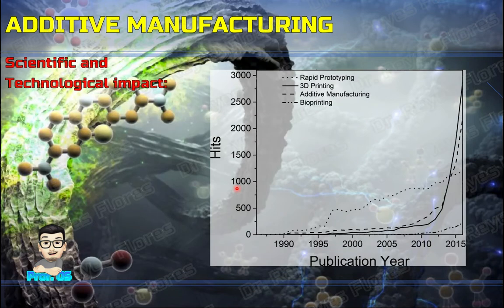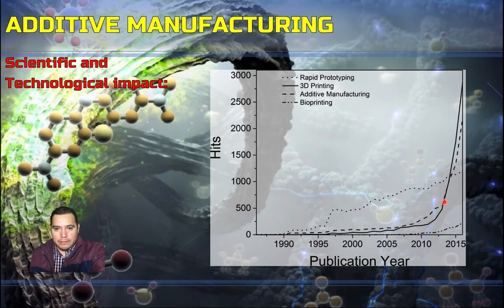The scientific and technological impact of additive manufacturing has steadily increased since the first commercial instruments were introduced in the late 80s. Here we can see the trend graphically by tracing the yearly number of scientific publications and patents from 1985 to 2016 using the terms additive manufacturing and rapid prototyping.